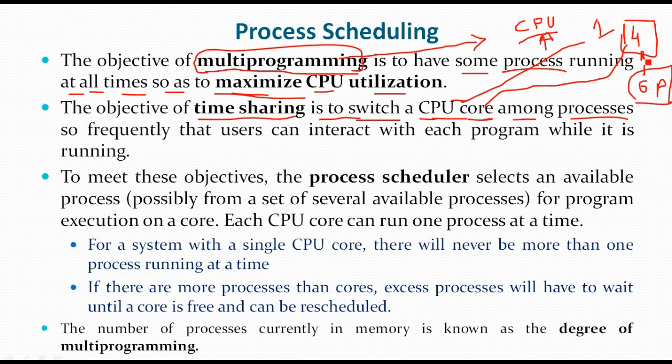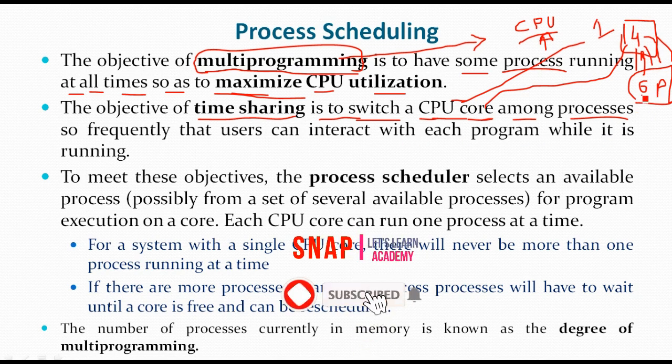Time sharing switches the CPU core among the processes. It will assign all 4 cores to 4 processes. The other 2 processes are not assigned any core, right? So those 2 processes are waiting. They have not yet been assigned any core.